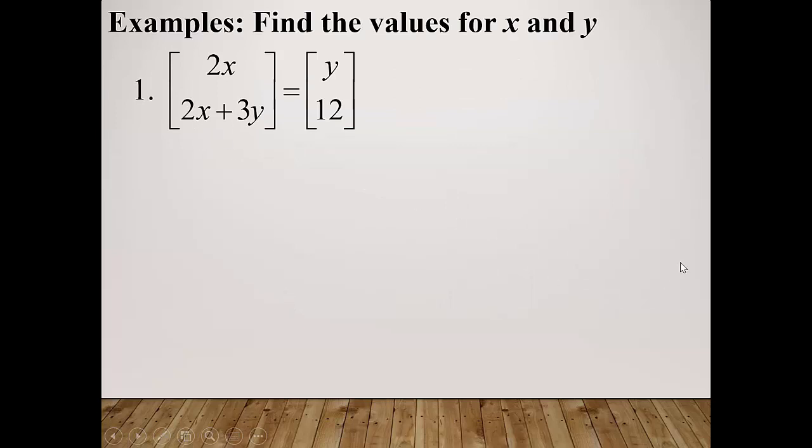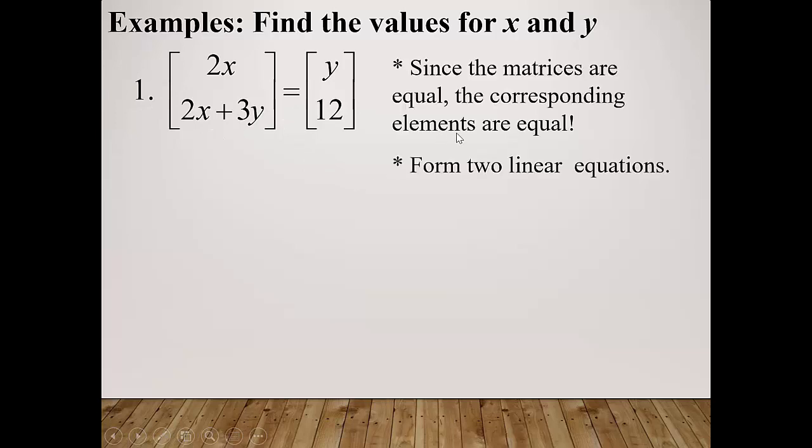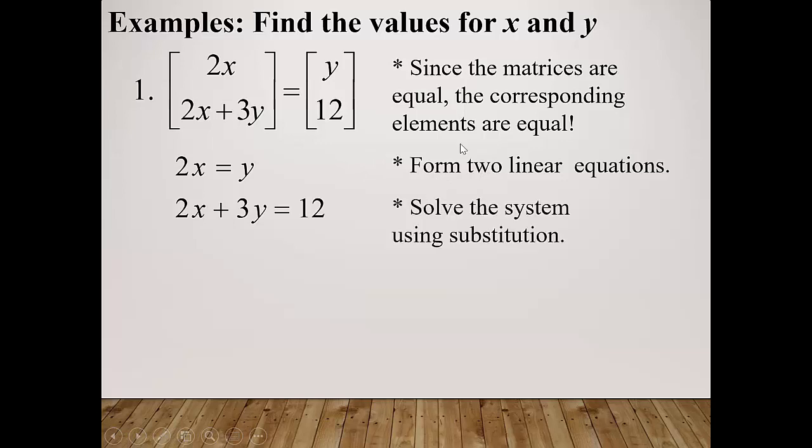With a problem like this, all we need to do is set the corresponding elements equal to each other. So we'd start off and say 2x equals y, and we'd have 2x plus 3y equals 12. Now we could use substitution, elimination, whatever method you prefer. With this one, I'm going to use substitution because we know that y is equal to 2x.